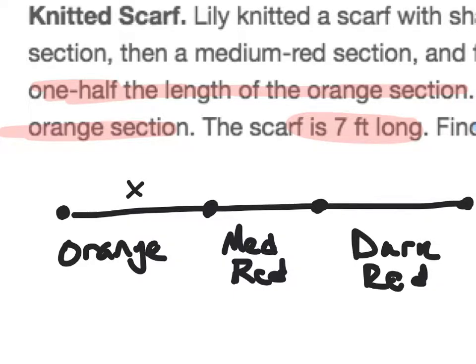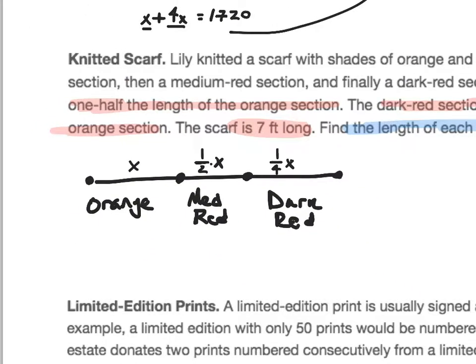The medium red section is 1/2 the length, so I'm going to put 1/2 times X in for my medium red section. And then my dark red section is going to be 1/4 the length of my orange section. Drawing that picture helps me do that.